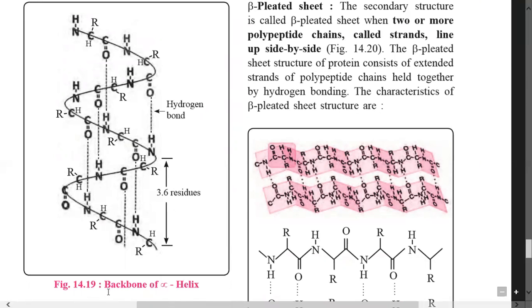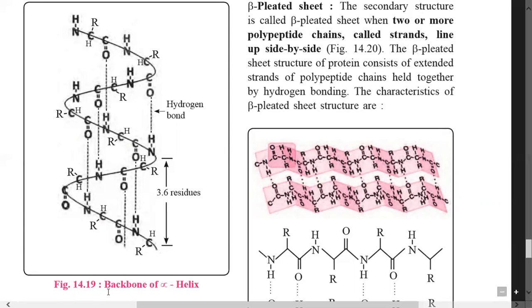See here, this is the N-terminal and this is the C-terminal. Here the groups present are NH-CHR-CO, NH-CHR-CO, NH-CHR-CO, again NH-CHR-CO. This is a linkage of alpha amino acids present in the protein.